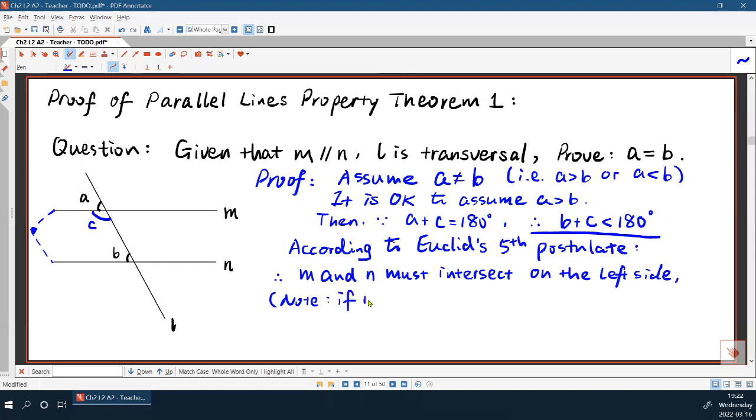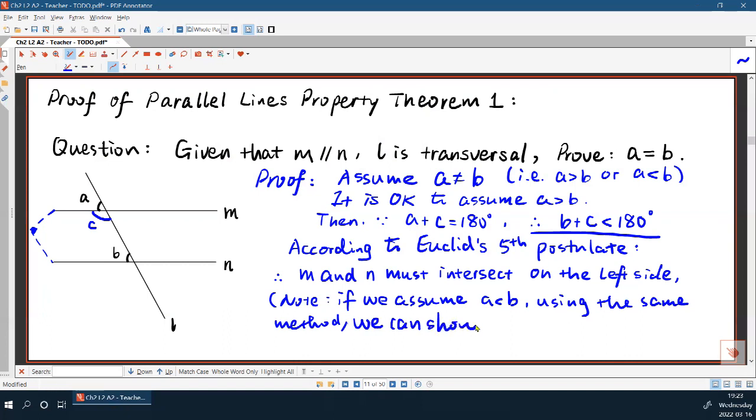Note, if we assume A is less than B, using the same method, we can show M and N must intersect on the right side.